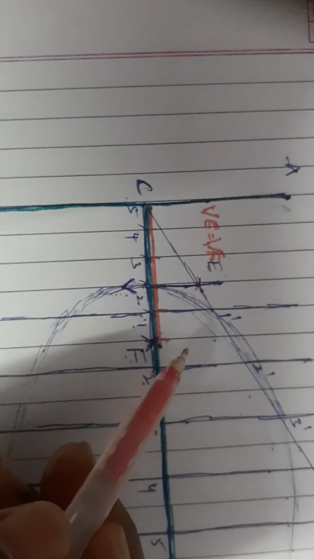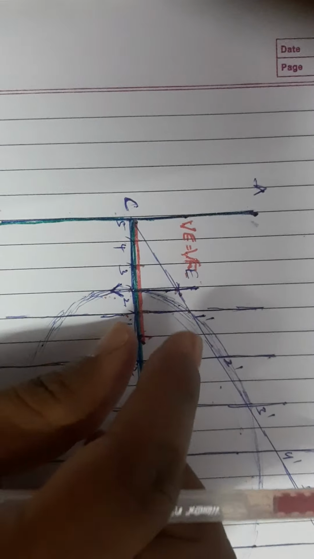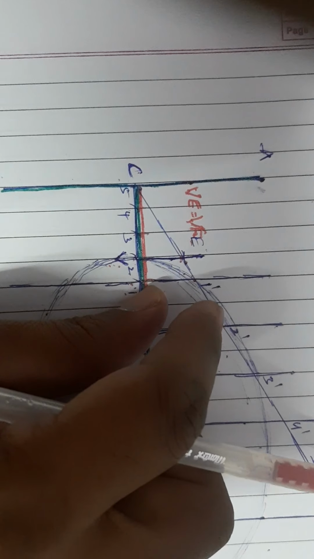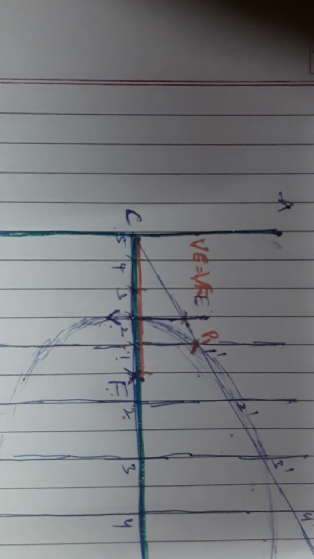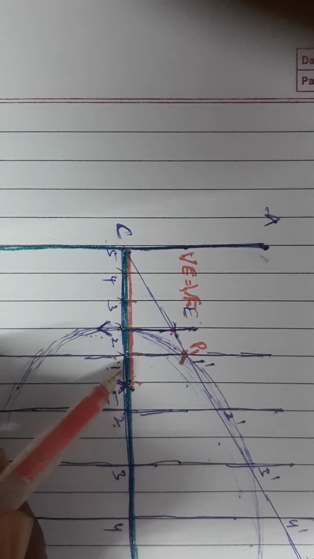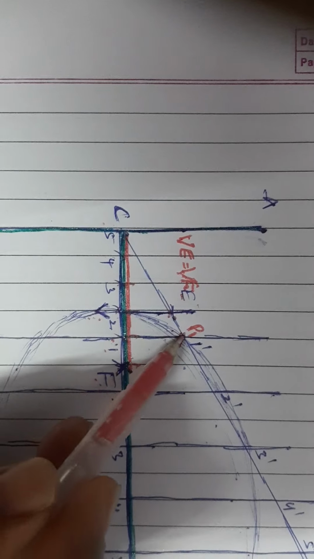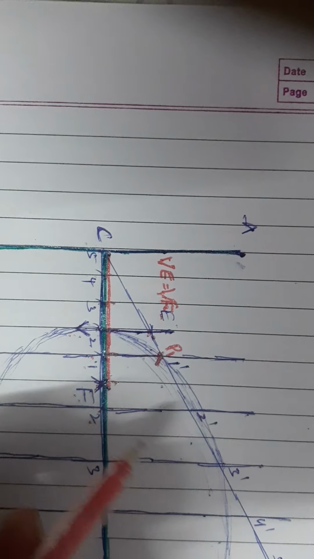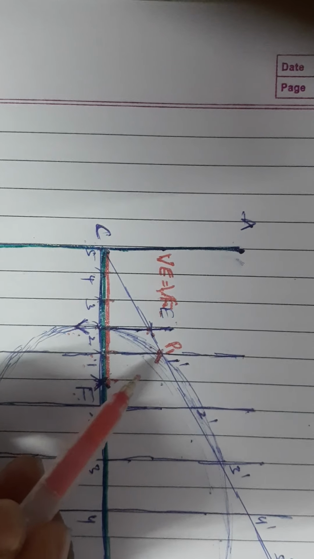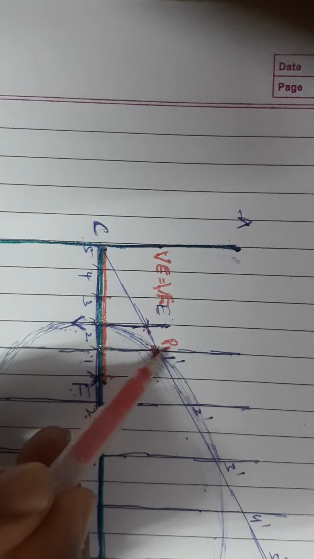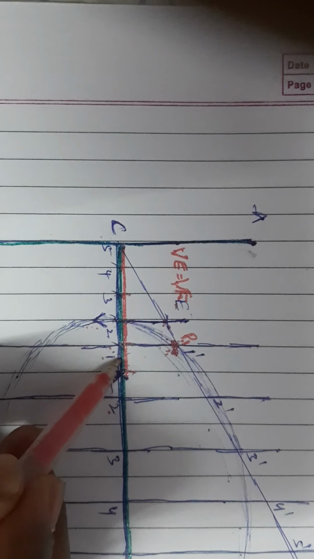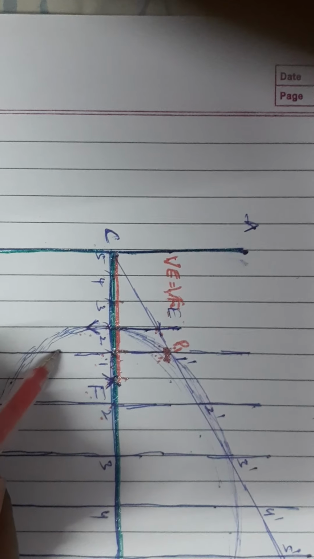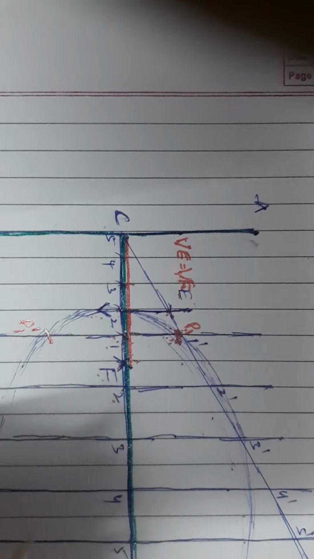With F as center, I draw the arc cutting the 1 dash line at P1 above the axis, and with the same center and same radius, one more arc cutting the same 1 dash line below the axis at P1 dash. Got it?